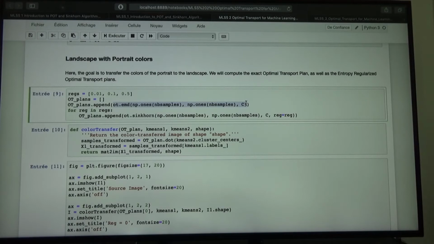And then we're just going to compute the Sinkhorn plans using different regularization strengths.